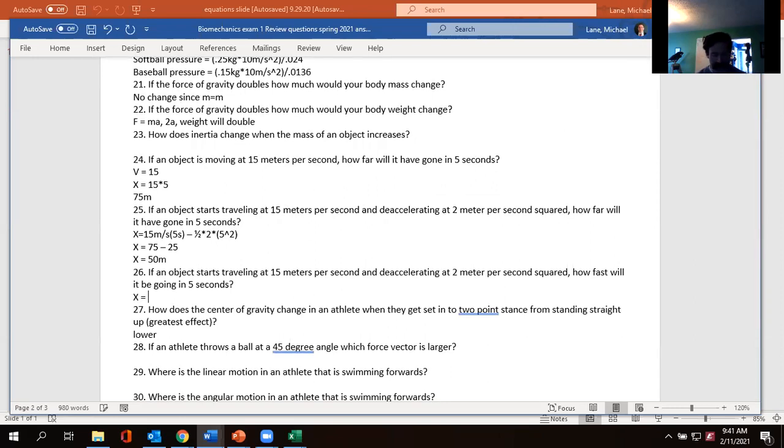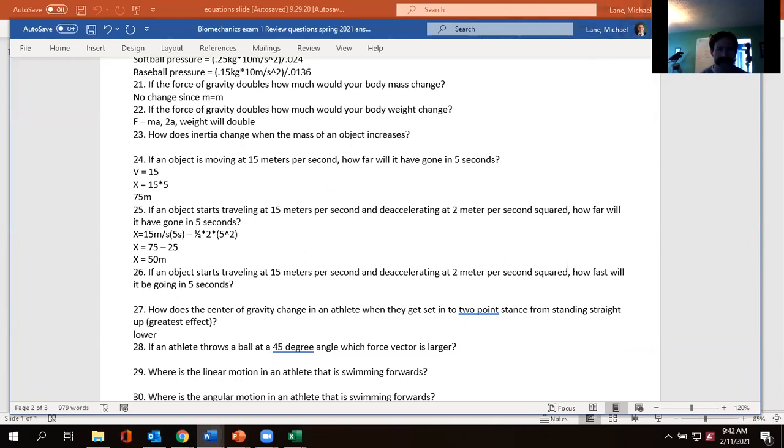So this is going to be equal to the initial velocity, which would be 15 times time. And notice it's going to be decelerating, negative 1/2 times 2, because that's our deceleration. Oh, I'm sorry. We're looking at the velocity. That is completely wrong, because that one's going to be way easier than that.